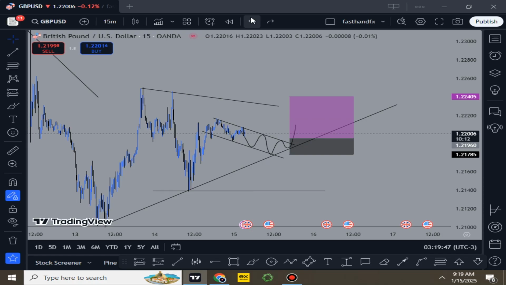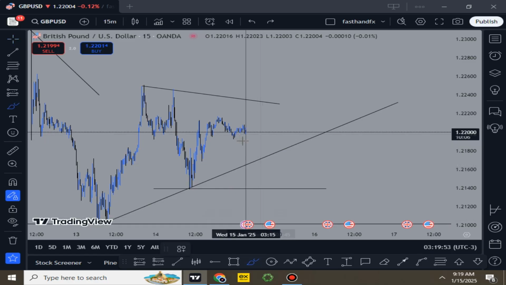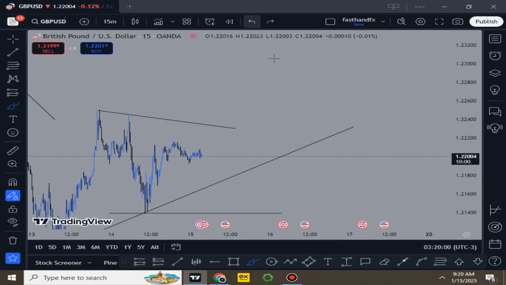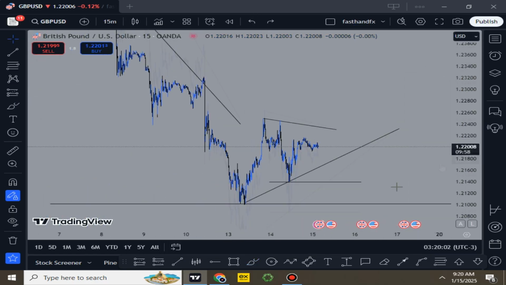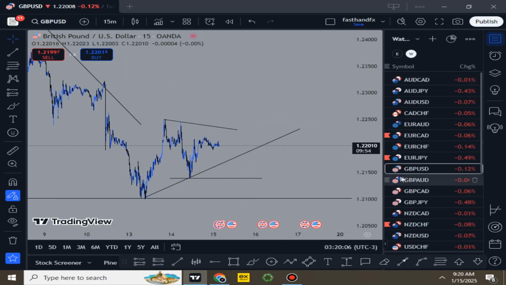So those are just levels that we should be watching out for, right? At the same time, if that doesn't happen, then I will not look for buys or even sells on that. But for now, that is what I see on GBP USD. So let's have it.